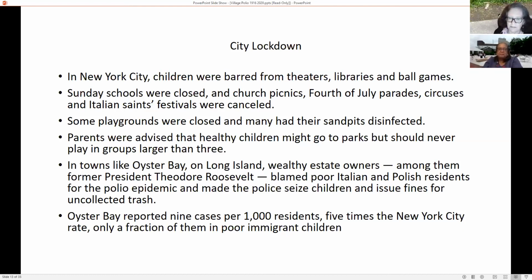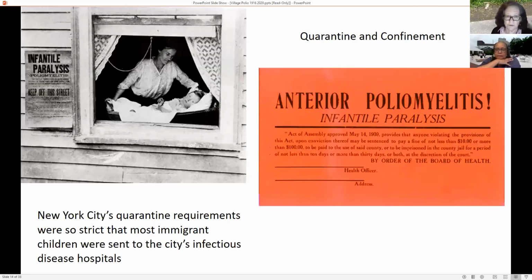But in fact, they ended up having a number of cases in, for example, Oyster Bay on Long Island, very few of them in immigrant children, more often in Anglo middle class children. So here's an example of the kinds of things that would be stuck on your wall or on your door.